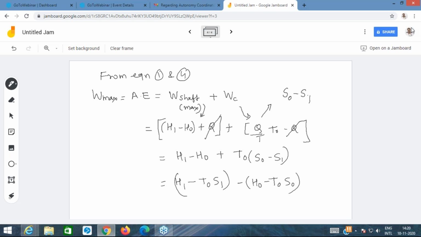Okay, Rushali is saying she has got it. Others also, I want to know whether you understood this derivation. Yugandhar.